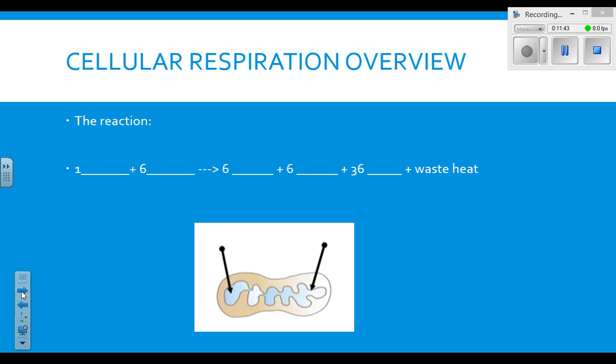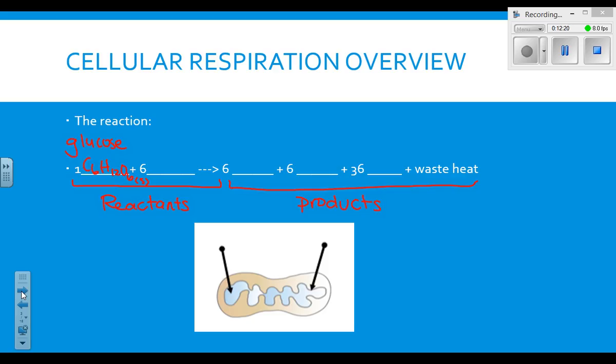So we will start by just filling in what I get or what I use during cellular respiration. Remember that this side is called reactants, and this side is called products. So the reactants for photosynthesis and cell respiration we already talked about, but so you remember, I have 1 glucose. So I'll write the word and the formula so you can recognize.